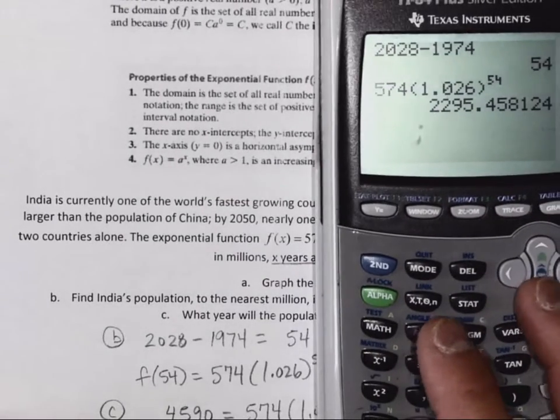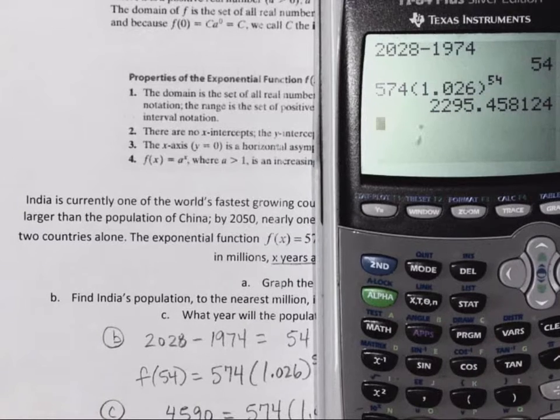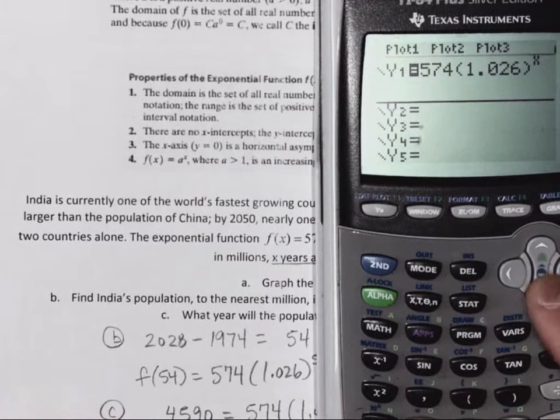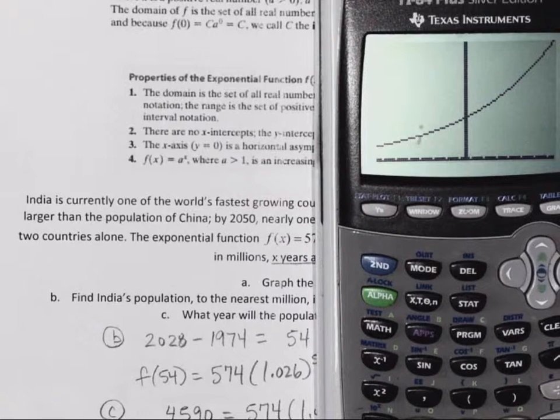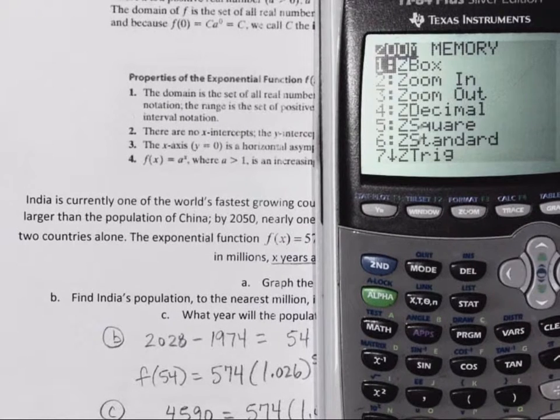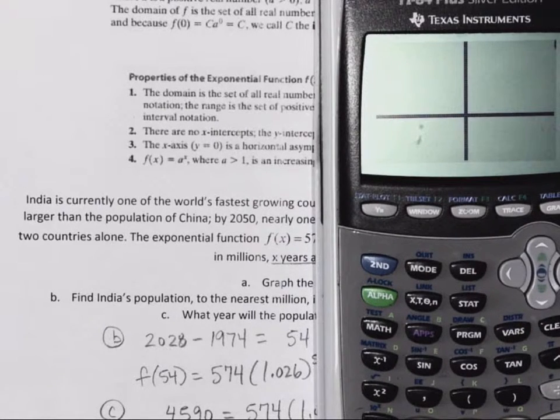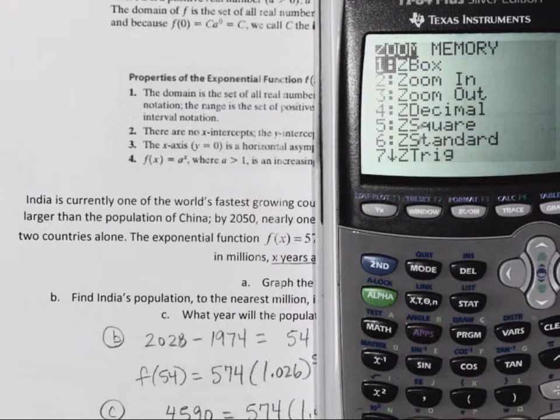There's a little bit of a glare there. There's better. So I'm going to go to y equals. I've already got the function in. And then I'm going to graph the line just y equals 4,590. And so I'm going to have to zoom out a little bit. And I'm trying to get both of those graphs on here. Zoom out even further.